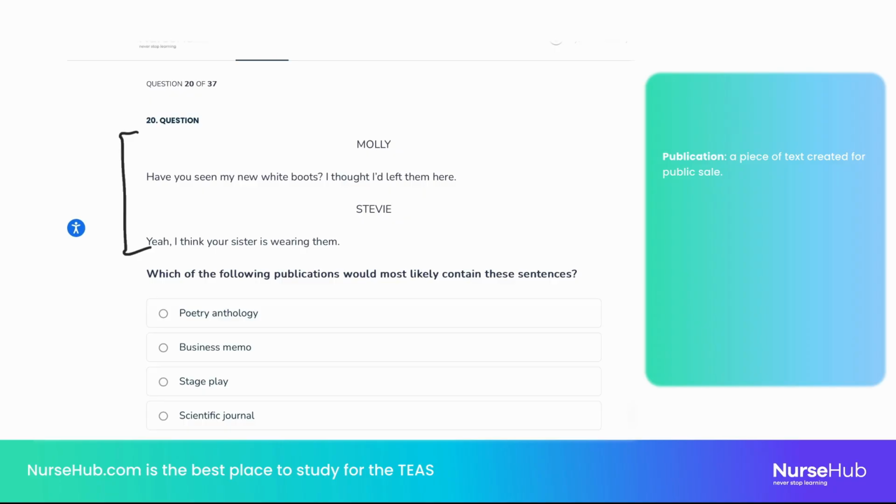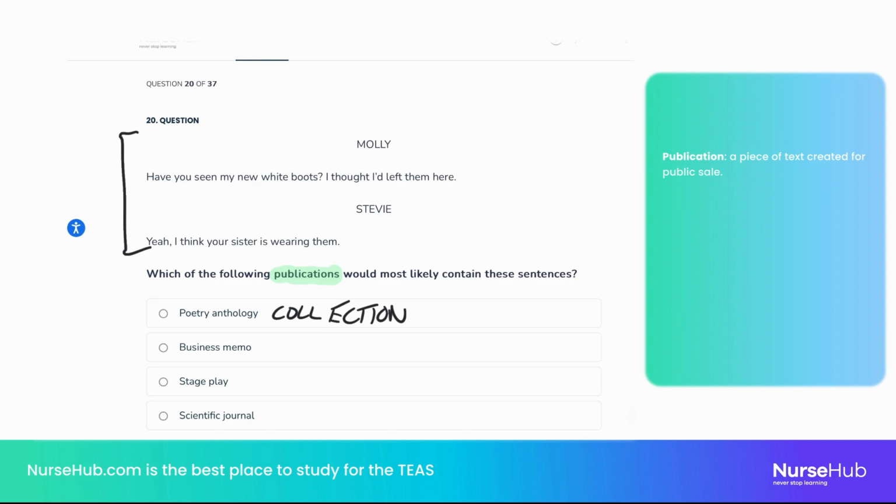So here we have a little reading segment, and it says, which of the following publications would most likely contain these sentences? A poetry anthology. An anthology would just simply be a collection of poems, like a book full of poems. A business memo, a stage play, or a scientific journal.